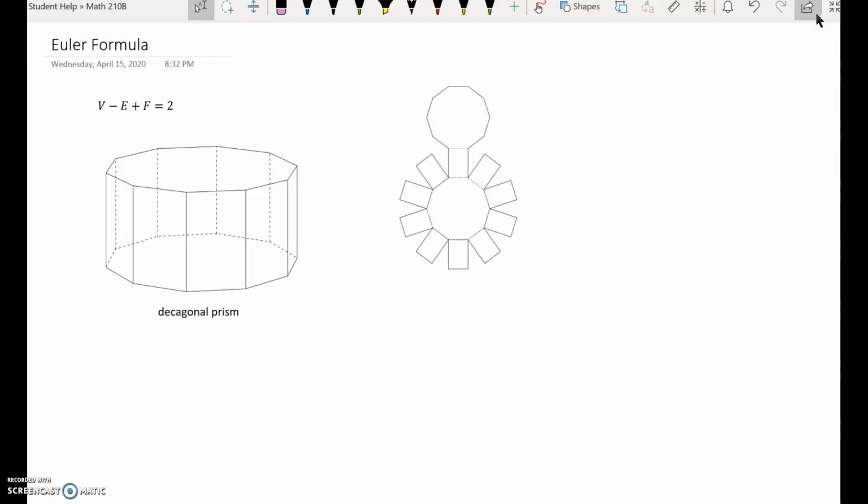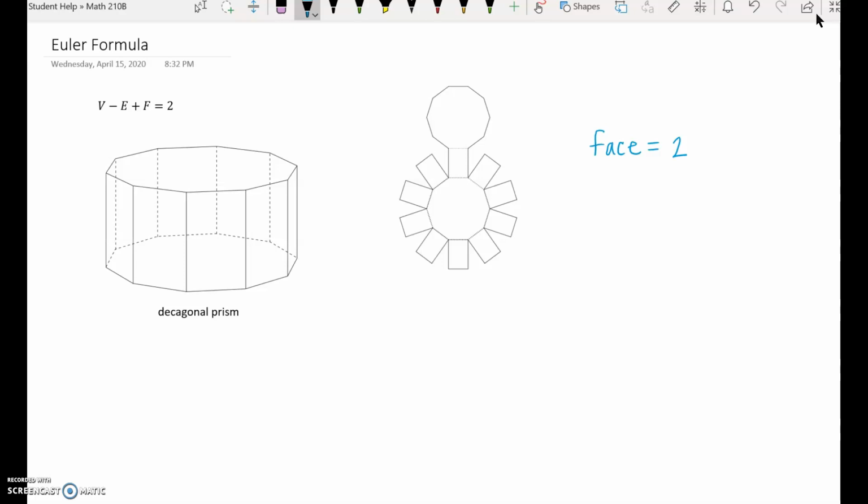So in this case, a decagonal prism has a decagon, which is a 10-sided figure, as its base. So let's figure out what the number of faces are for this particular figure. We know that for any prism, we're going to have two bases, a top and a bottom, right? For all of the prisms.